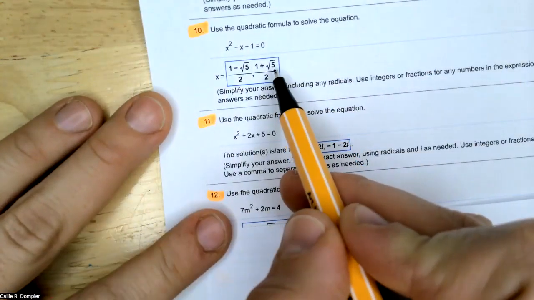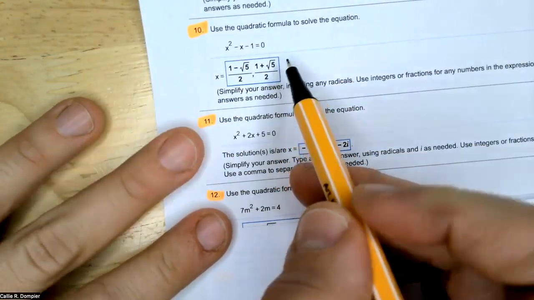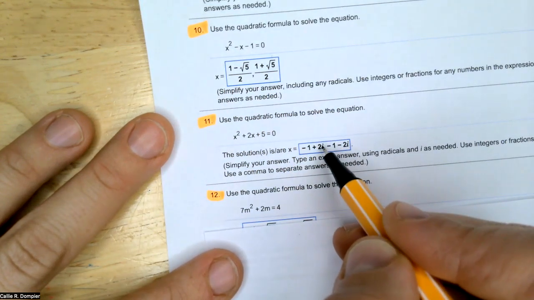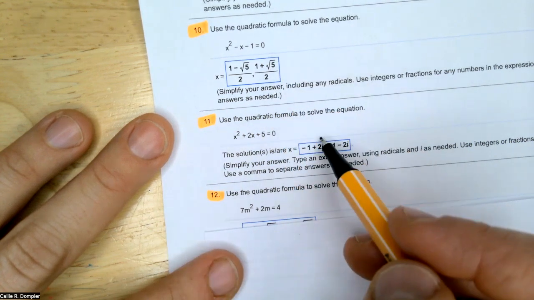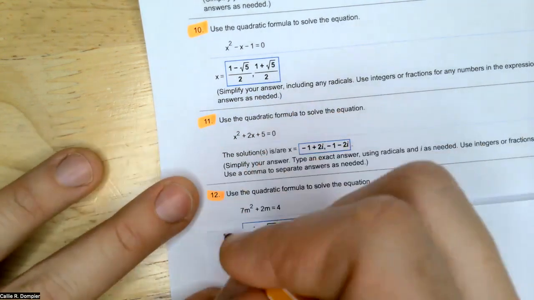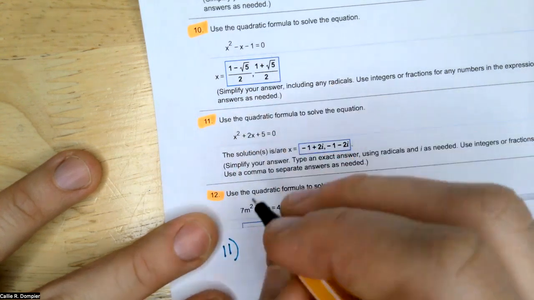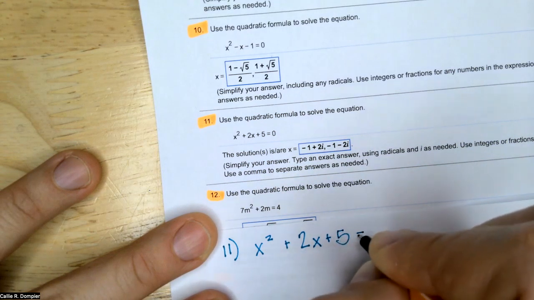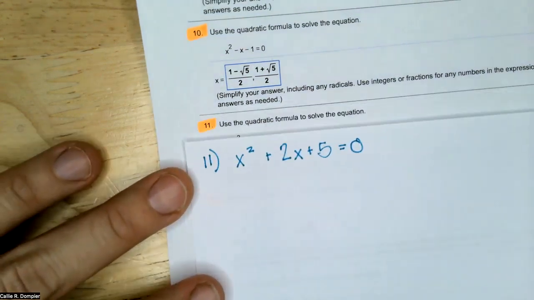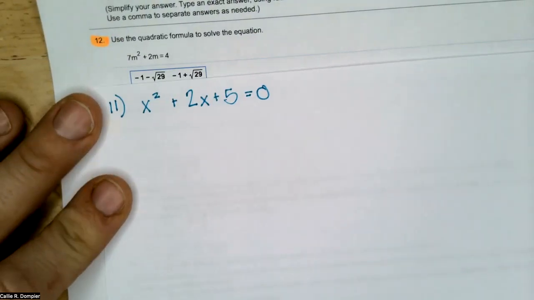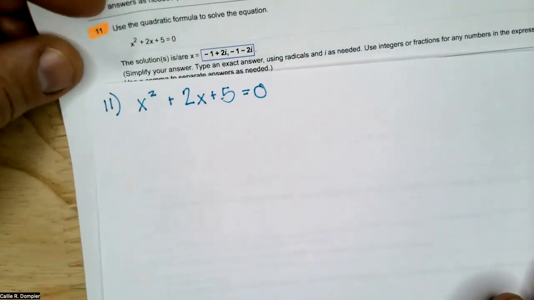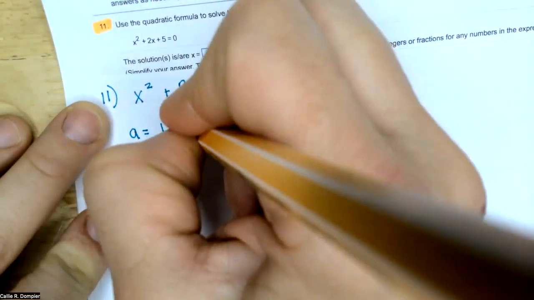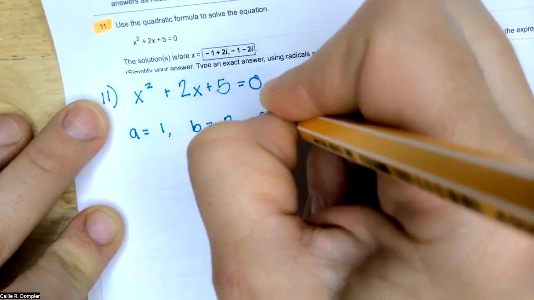So here we have an answer that's just under a square root because it's positive. Here, we're going to find an answer that has an imaginary part because we can take what is under the square root, even though it's negative, out of the square root. So let's see number 11, how that's different from number 10. X squared plus 2x plus 5 equals 0. Again, we already have it in order. We know that A is 1, B is a positive 2, and C is 5.